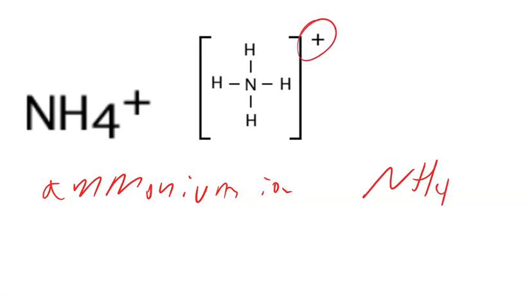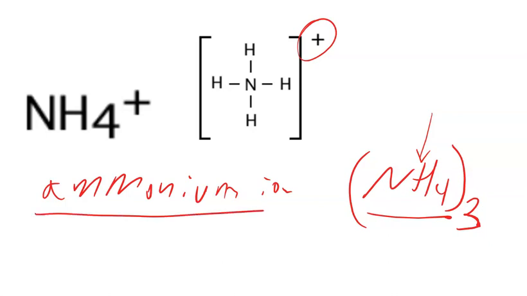It's going to carry a +1 charge, so we say 1 plus, and you can have 1 of these, or 2, or 3, that kind of thing. But they will come in groups of 1 nitrogen and 4 hydrogens, and the name is not nitrogen, tetra-hydrogen. The name is ammonium ion, and you can't split it when we're talking about compounds.